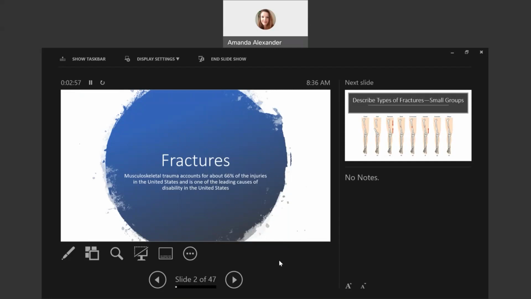Upholding the client's rights is ultimately most important for our nursing staff.